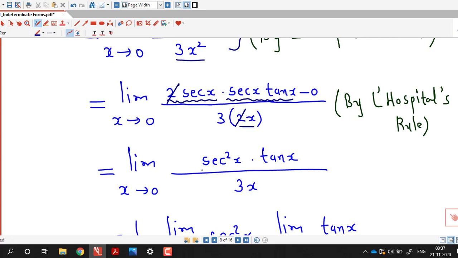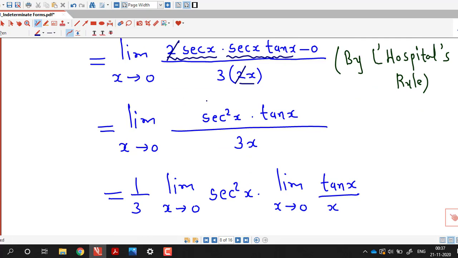Now we can again apply the product rule of limits, and we can rewrite this as 1 by 3 into limit of sec square x into limit of tan x over x.